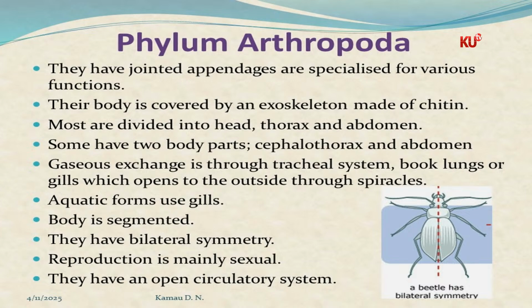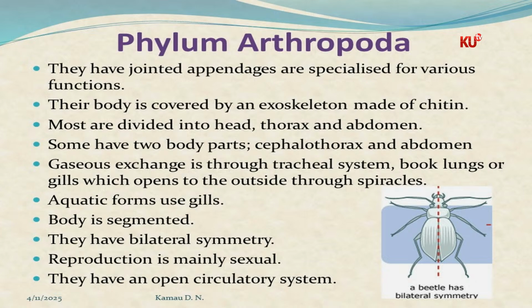Another characteristic is their body is covered with a hardened exoskeleton made of chitin. An exoskeleton is the skeleton which is found on the outside of a living organism.